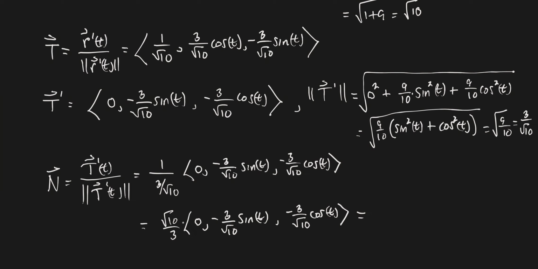So if we distribute it, the first component is 0. That's pretty clear. But then I have root 10 over 3 times negative 3 over root 10. Yeah, so I end up with a negative 1 sine of t. And then same thing here, a negative 1 cosine of t.